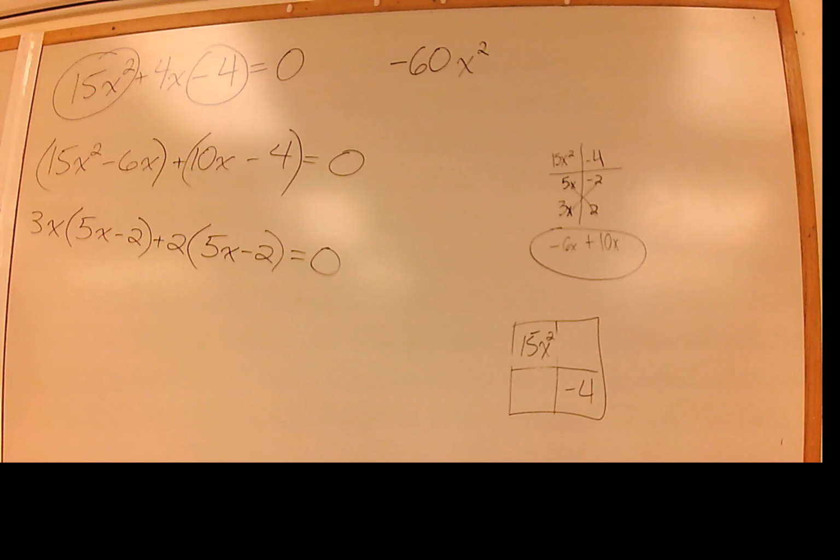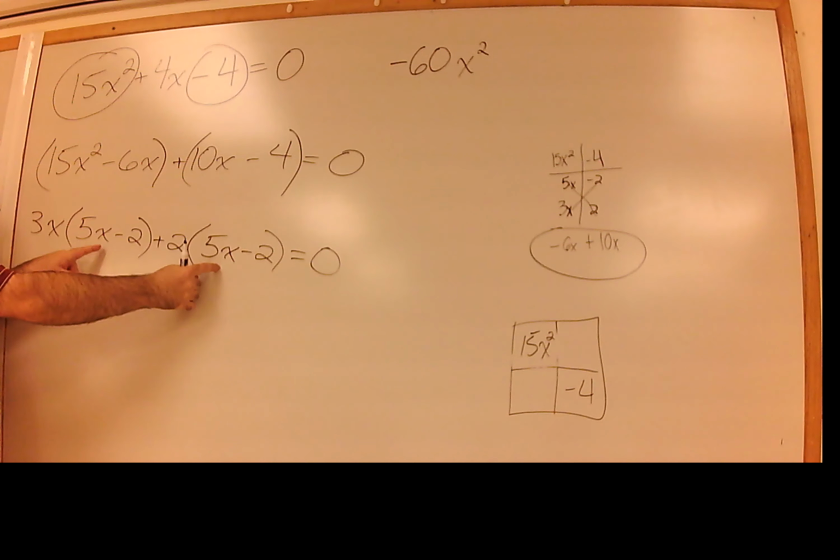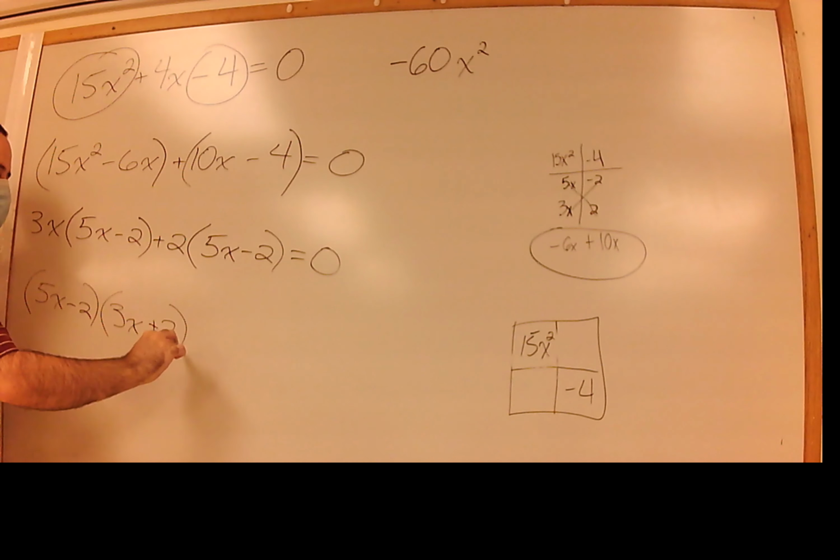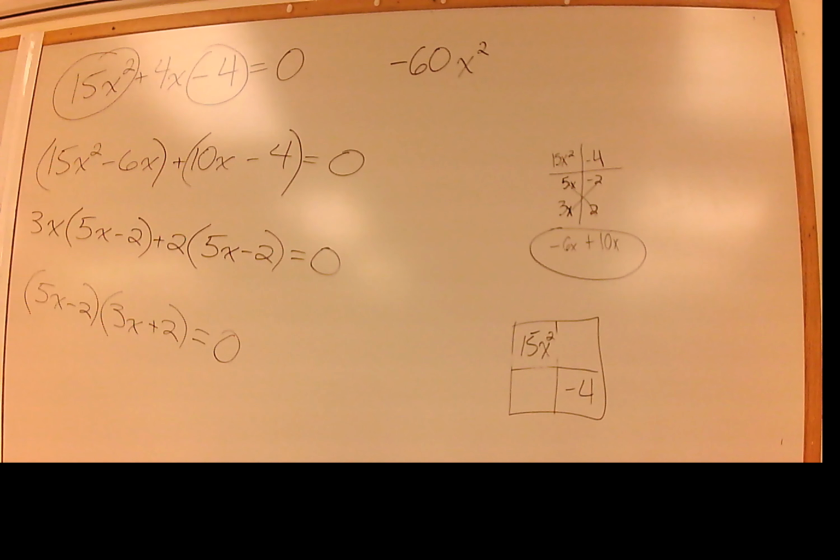So 5x minus 2, and then now you got the same thing in both sets of parentheses, so you can think about factoring that out. You got a 5x minus 2 times 3x plus 2. And then you can set each one of those equal to 0.